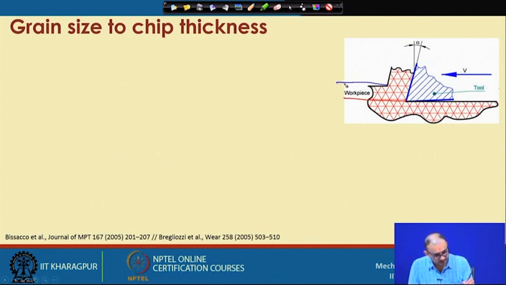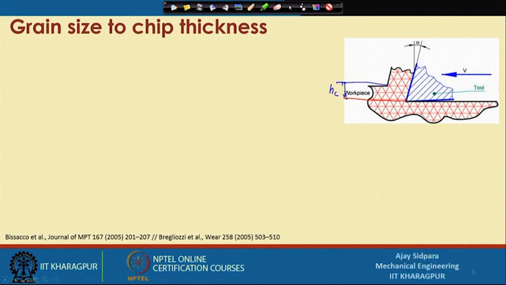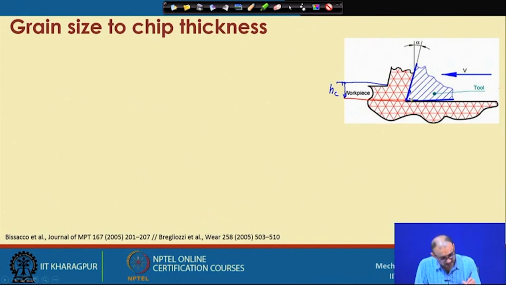This is your uncut chip thickness, let us write hc, and this is your cutting edge radius, which is difficult to show because it is very sharp, but let us put something like that, this is called R. Now here hc by R is very large, much greater than 1, because hc is very large compared to R. So it removes the material very efficiently, and this is your rake angle.